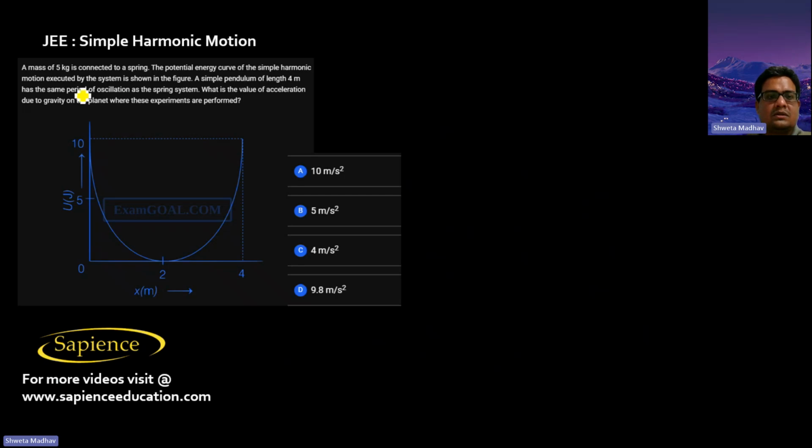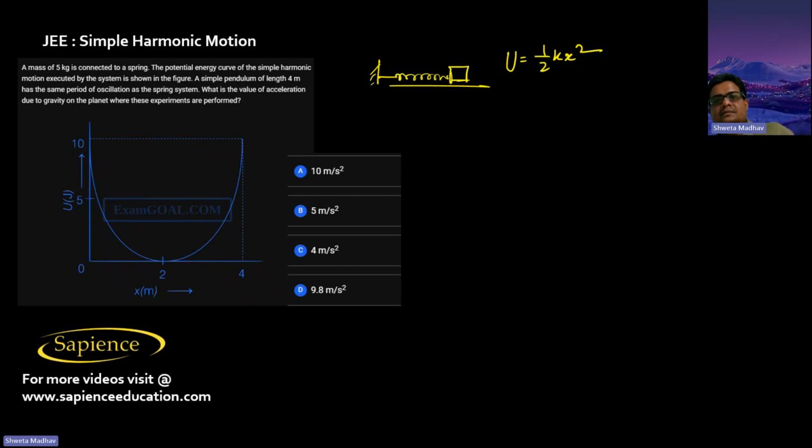Then here it is told a mass of 5 kg is connected to a spring. The potential energy curve of the simple harmonic motion executed by the system is shown in the figure. So U will be equal to half k x square. A simple pendulum of length 4 meter has the same period of oscillation as the spring system.